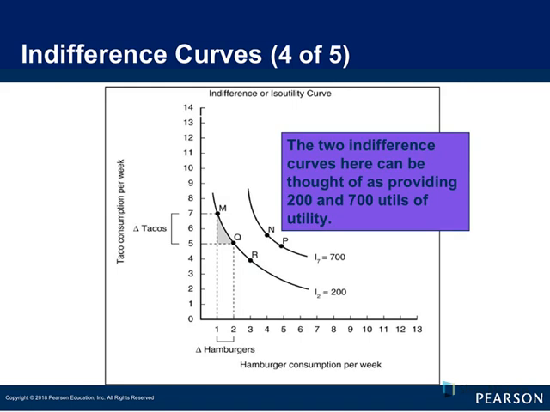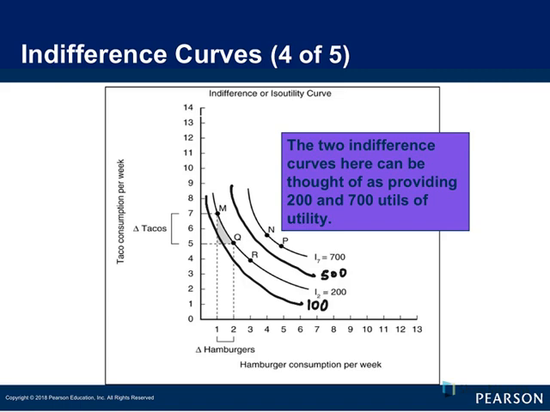The two indifference curves we see here at 200 and 700, there are also other indifference curves that you can't see that will be to the left, to the inside, and this may be a 100 isoutility curve, and we may have an additional one in the center that may be a 500 isoutility curve.